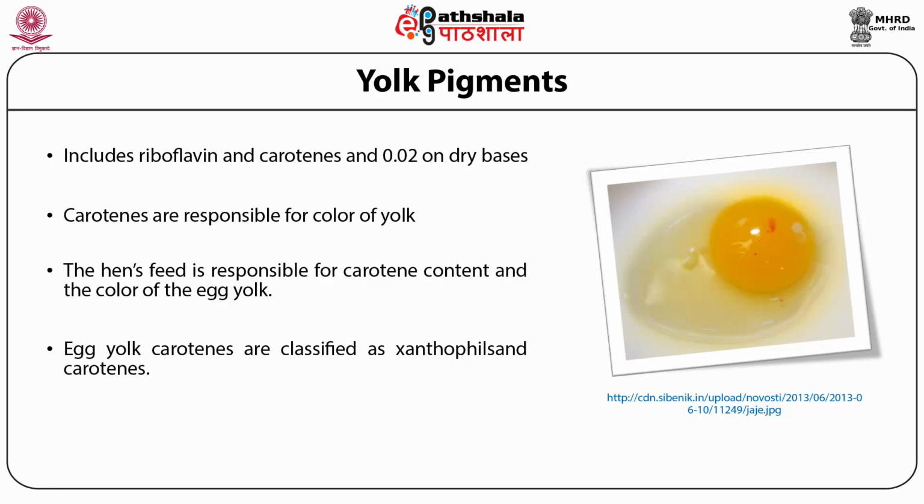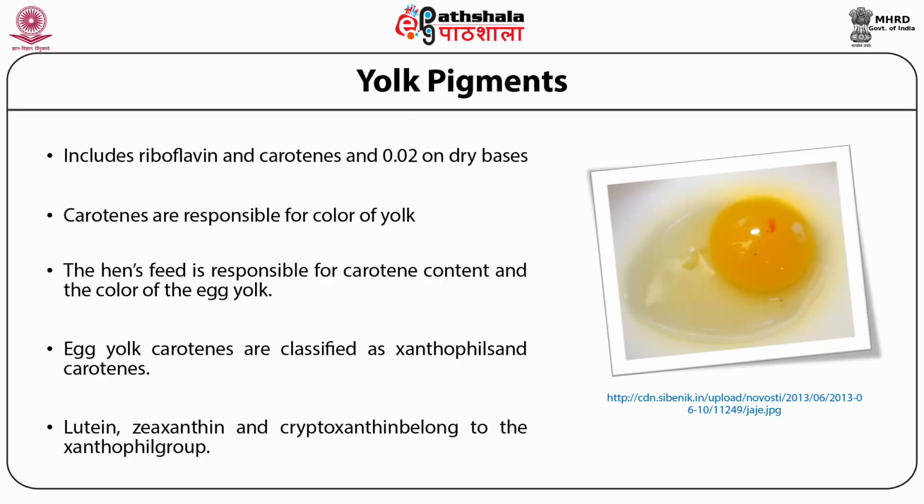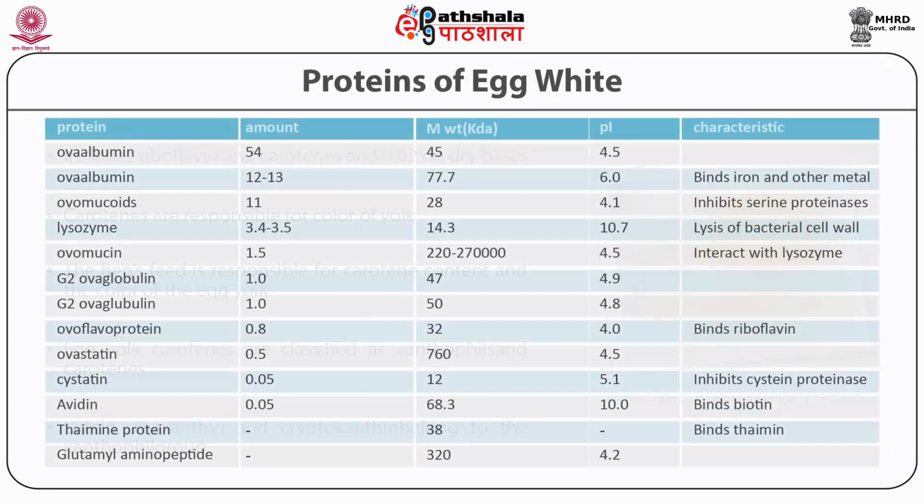Egg yolk carotenes are classified as xanthophylls and carotenes. Lutein, zeaxanthin, and cryptoxanthin belong to the xanthophyll group.